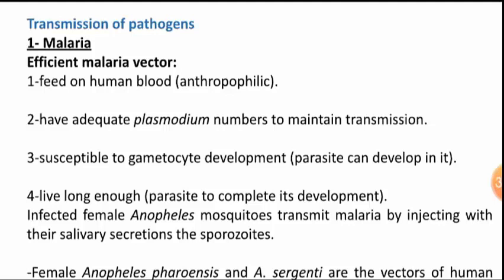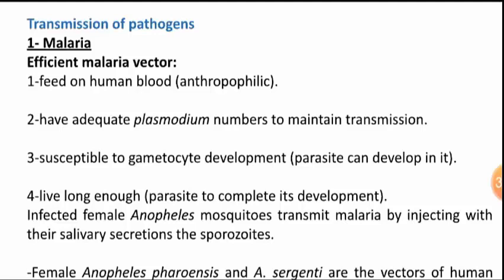Transmission of pathogens by Anopheles. Number 1, malaria. Efficient malaria vectors: number 1, feed on human blood. 2, have adequate plasmodium number to maintain transmission. 3, susceptible to gametocyte development. And 4, live long enough.